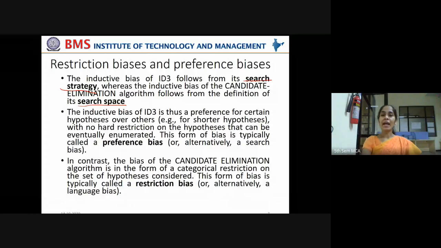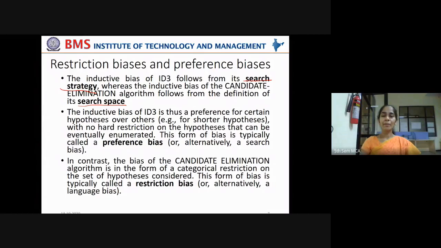But the candidate elimination algorithm's inductive bias lies in its search space itself, the set of hypotheses that lie in that search space. Remember, version space will try to minimize the hypothesis space so that it contains only hypotheses that are consistent with the training examples, right? So the inductive bias of this candidate elimination algorithm is in the definition of the search space itself.